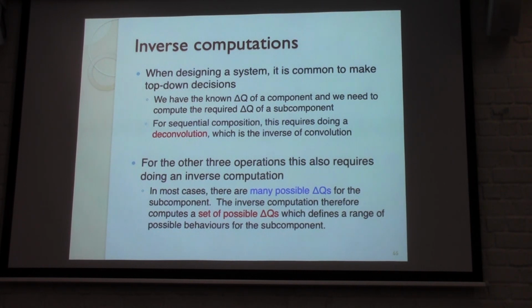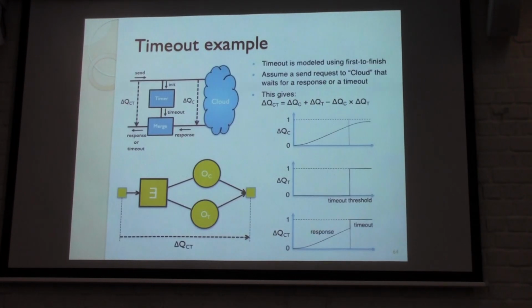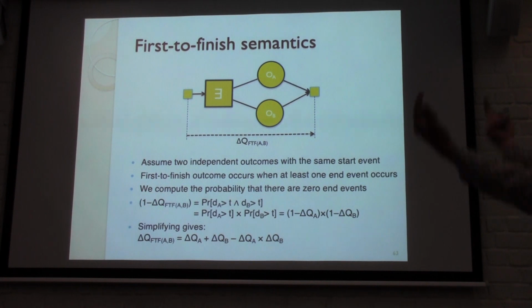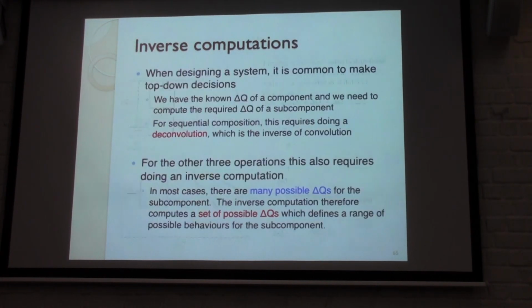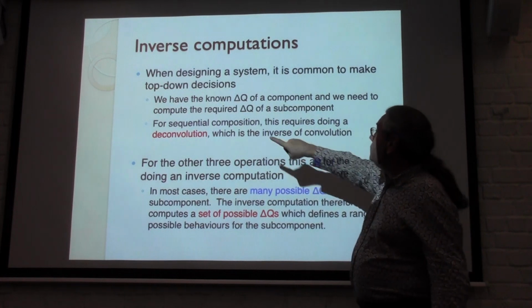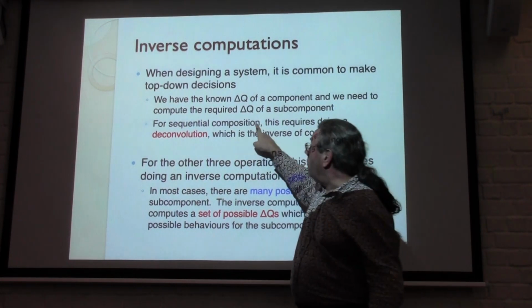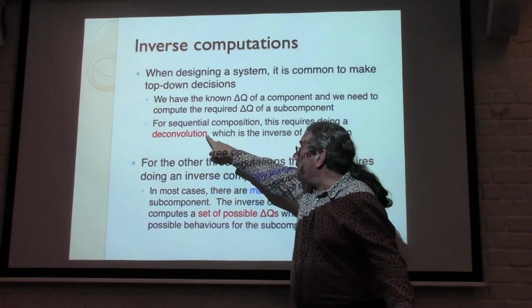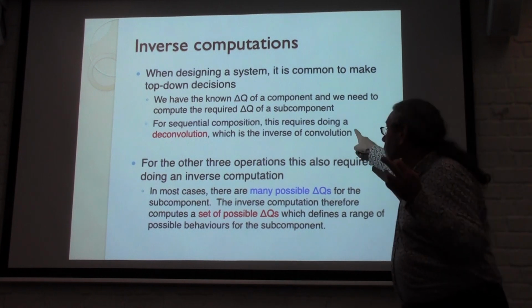Final thing, it's the notion of inverting. So these computations are all bottom up, huh? I know A and B, and I determine the overall. But I also have to go back down. We know the delta Q of a component. We need to find the delta Q of a subcomponent. So for sequential composition, we saw you have to do deconvolution, which is kind of a hard thing to do, the inverse of convolution.